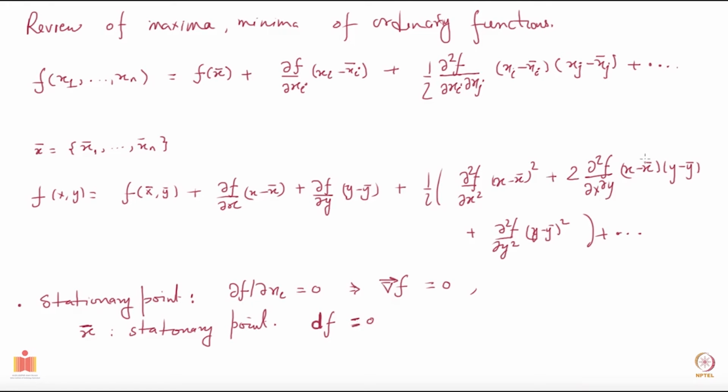Now, depending on what these coefficients are doing, you may or may not have an extremum there. You may or may not have a maximum at that point. Okay, so if at this point the function is maximum or minimum, then you say the point is an extremum point.